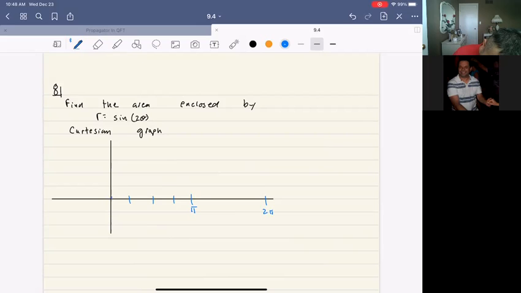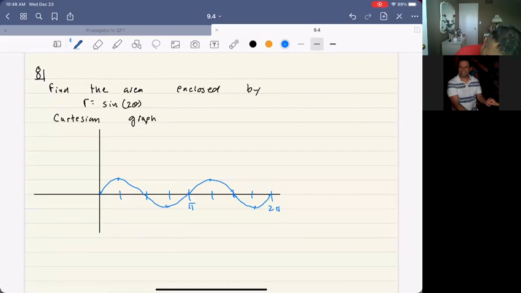Like so, and it repeats. Okay, so this is, of course, pi over 4, pi over 2, 3 pi over 4, 5 pi over 4, 3 pi over 2, 7 pi over 4. Okay, so this is the Cartesian graph.